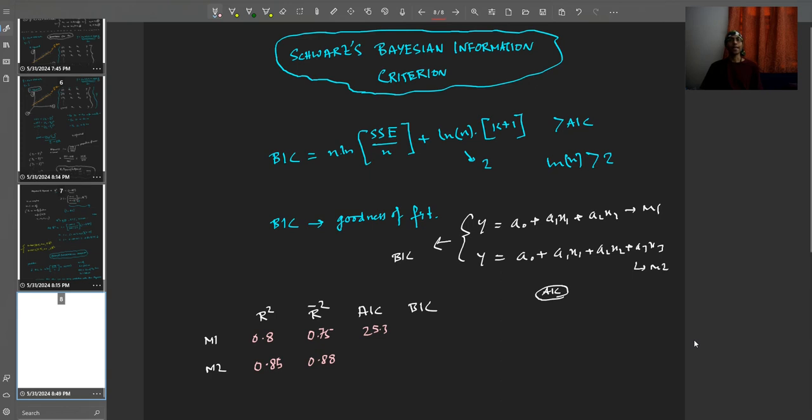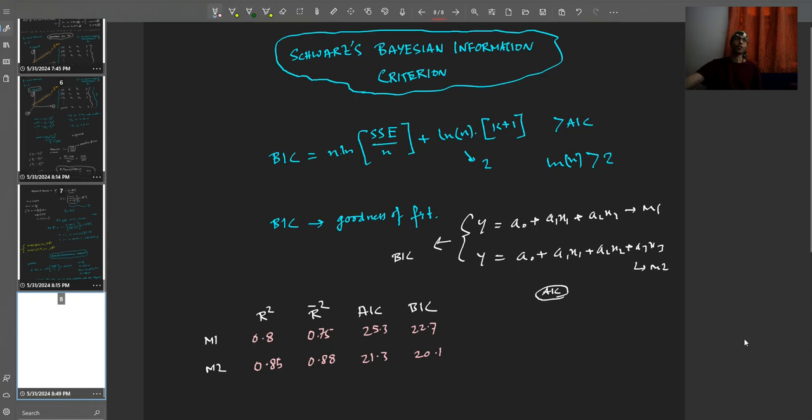M2 has an AIC value of 21.3. M1 has a BIC value of 22.7. M2 has a BIC value of 20.1.